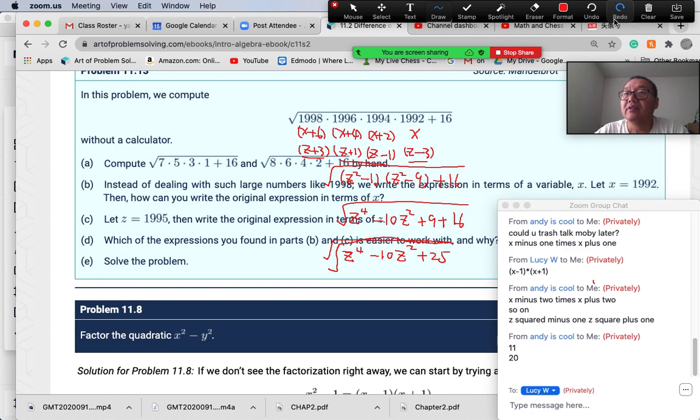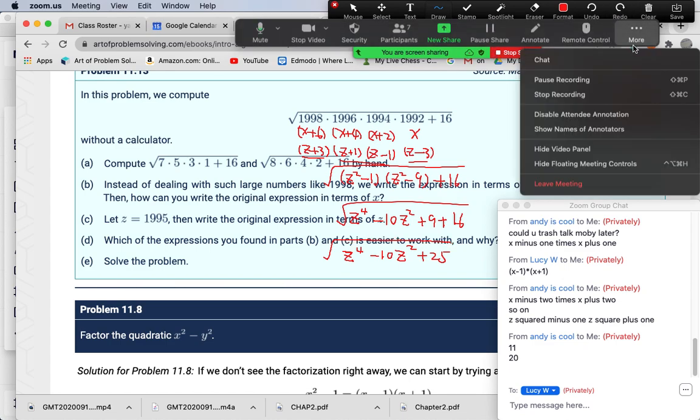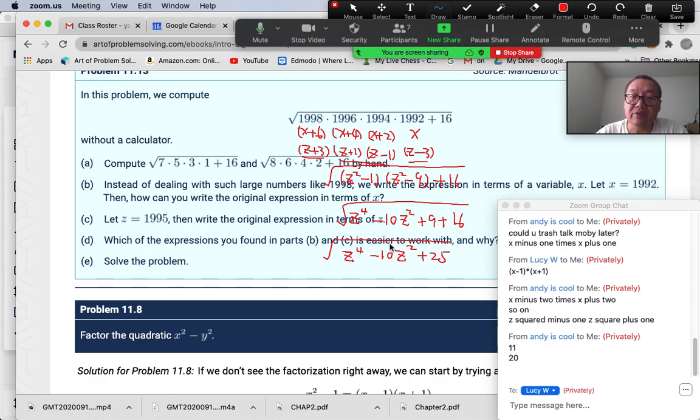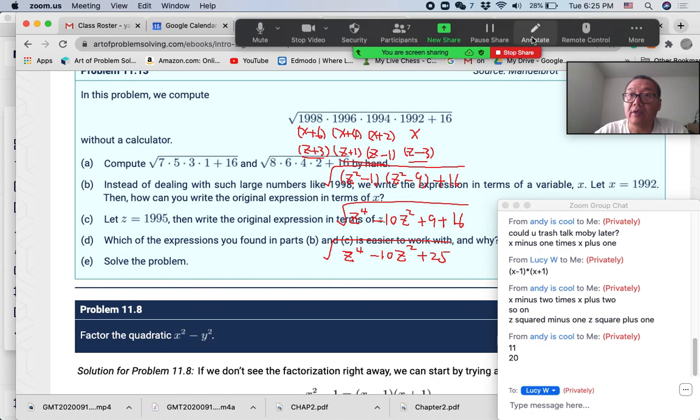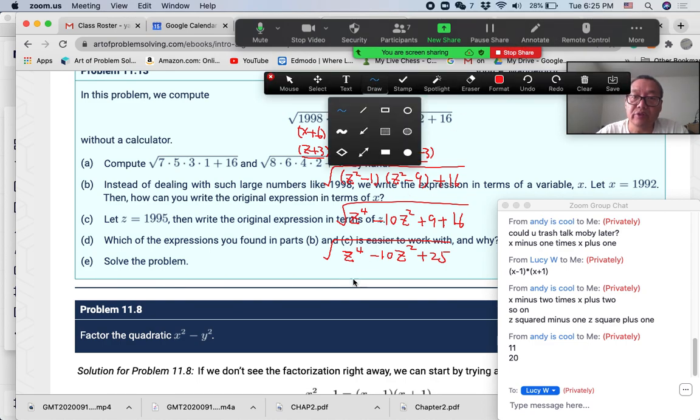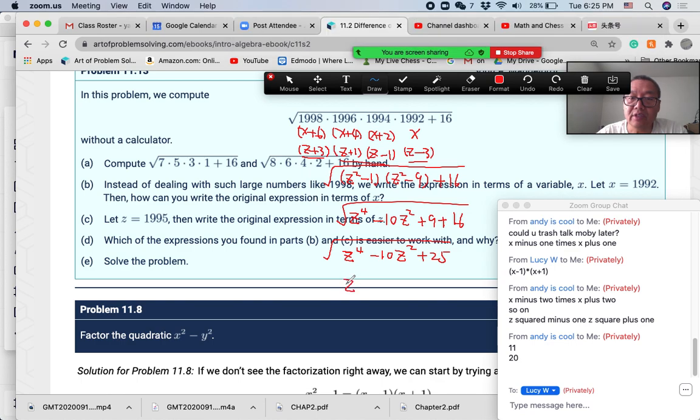Okay. So then you can get this one will equal z squared minus 5, then this one squared, then square root. Because this one, we can write it as the square of a perfect square.